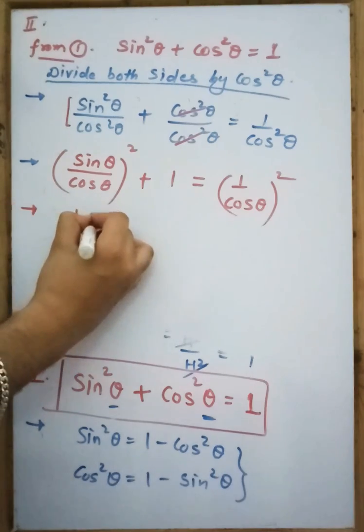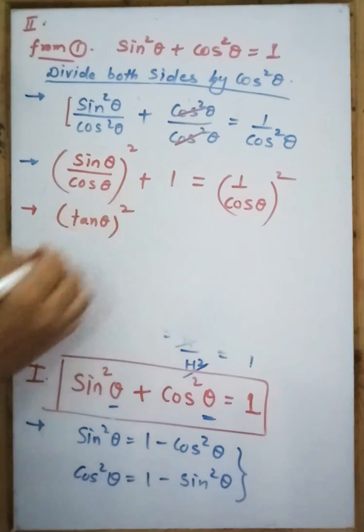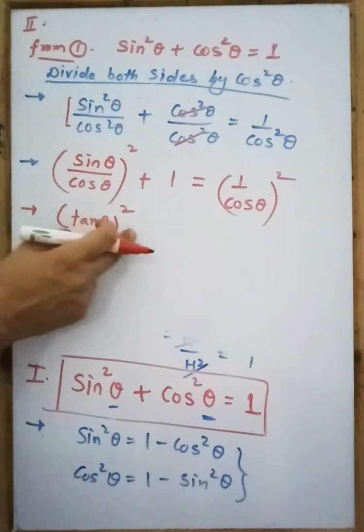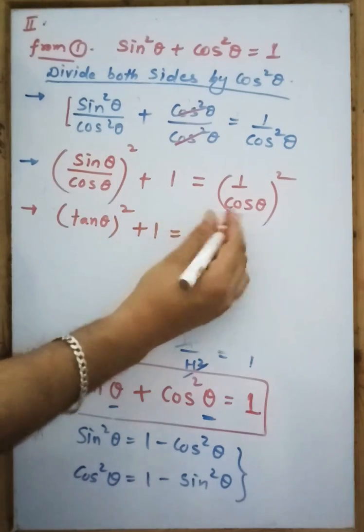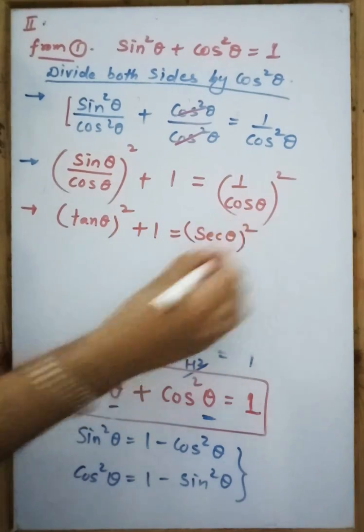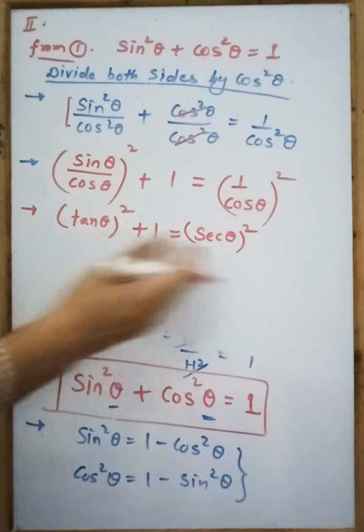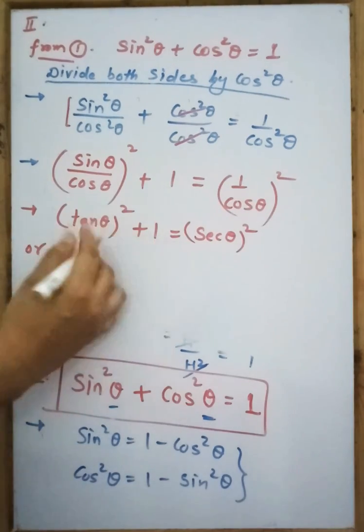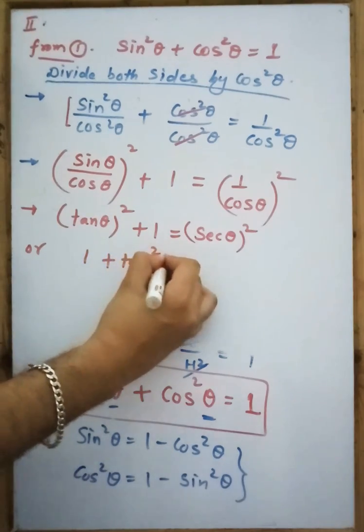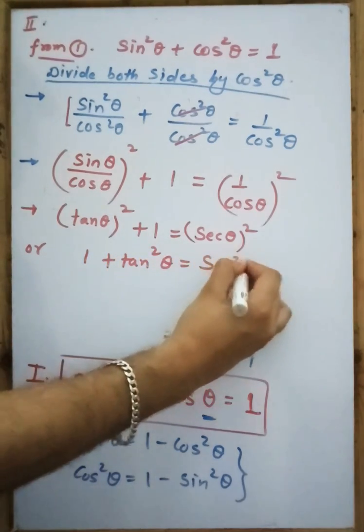That is nothing but tan theta. I told you in my last video that tan theta equals sine by cos. So it is tan theta whole square plus 1 equals (1 by cos theta) whole square. I hope you can all recall, this is secant theta whole square, which I can rewrite as 1 plus tan square theta is equal to secant square theta.